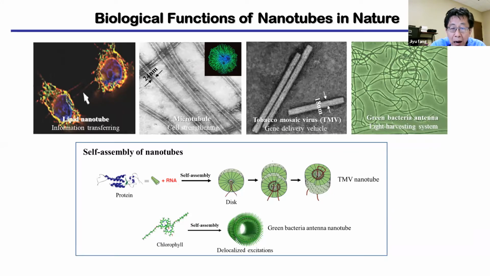And virus nanotubules are actually an excellent gene delivery system. Green bacterial antenna, which contain a large number of nanotubules, can be used for harvesting light and can convert light to electrical energy at high efficiency.